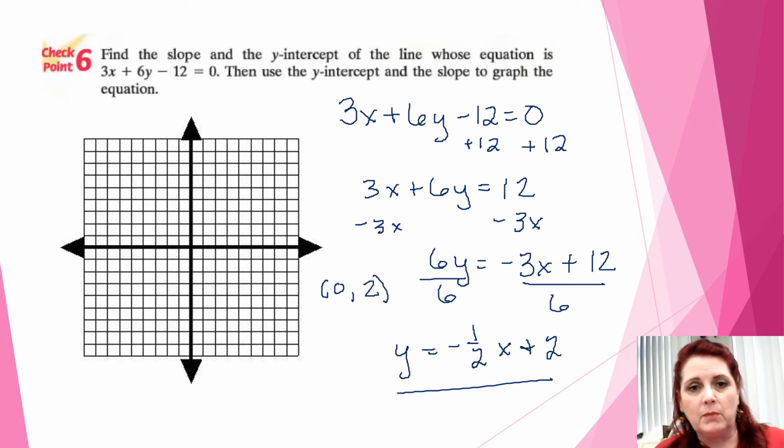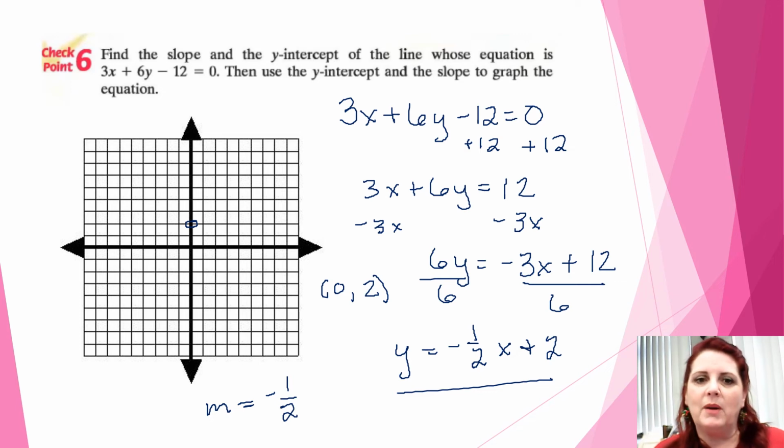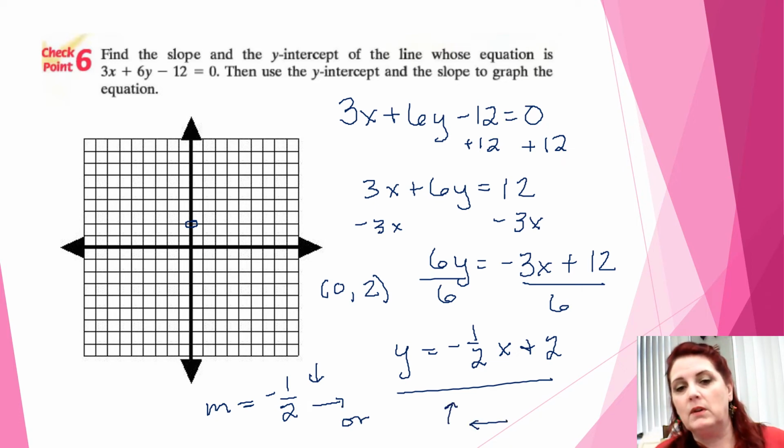So I'm going to put a point right here. That's 0, 2. And then I have my slope is equal to negative 1 over 2. So I'm going to go down 1 and over 2, or you can go up 1 and to the left. Either way.